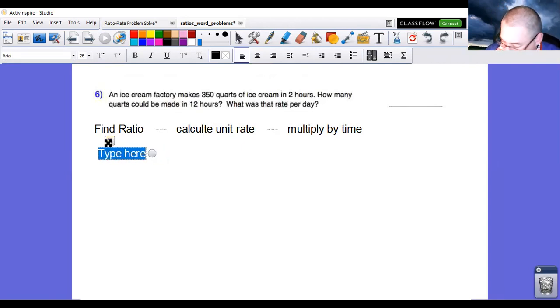So 350 quarts of ice cream, and they do that in 2 hours. Our unit rate, 350 divided by 2 is 175 quarts per hour.